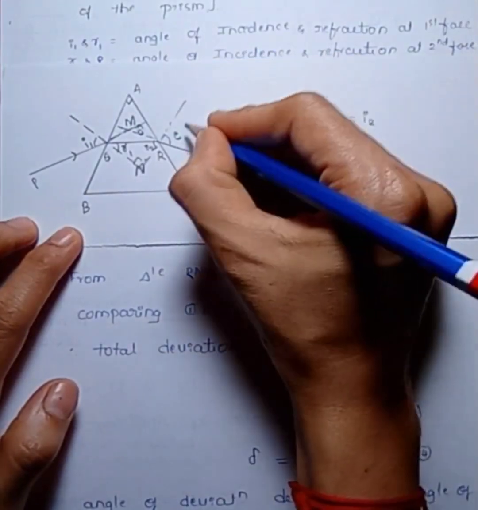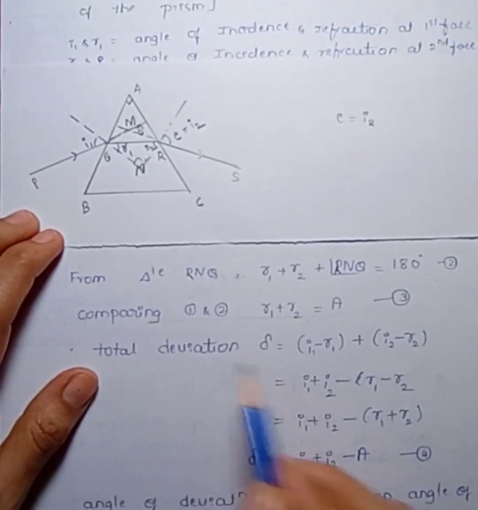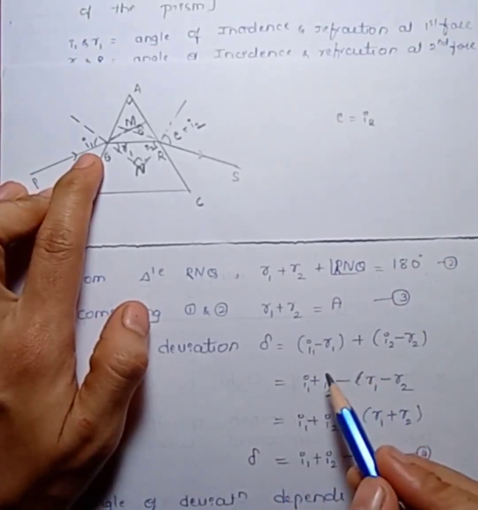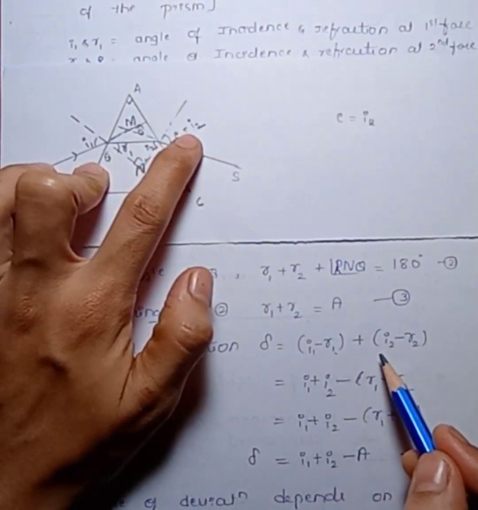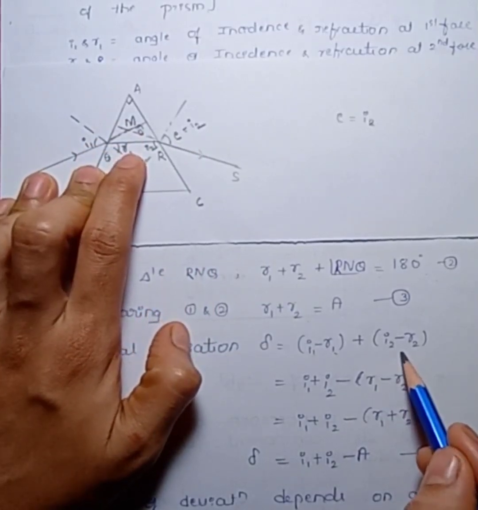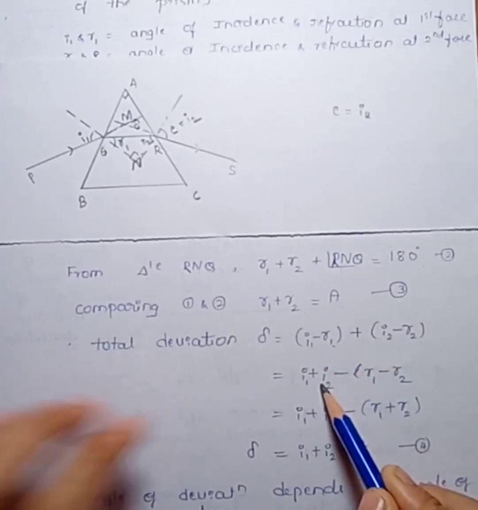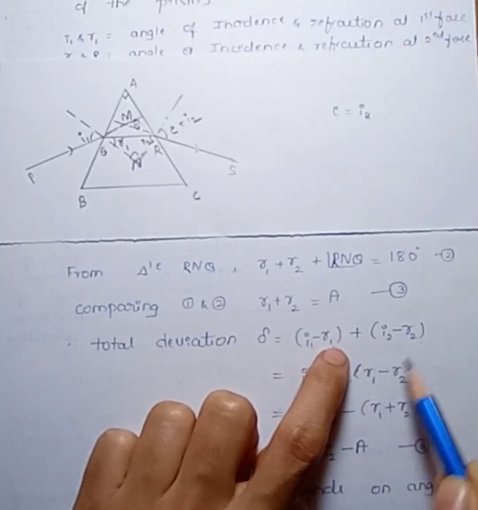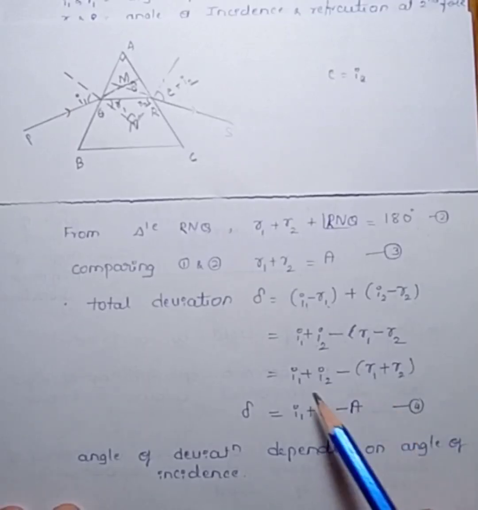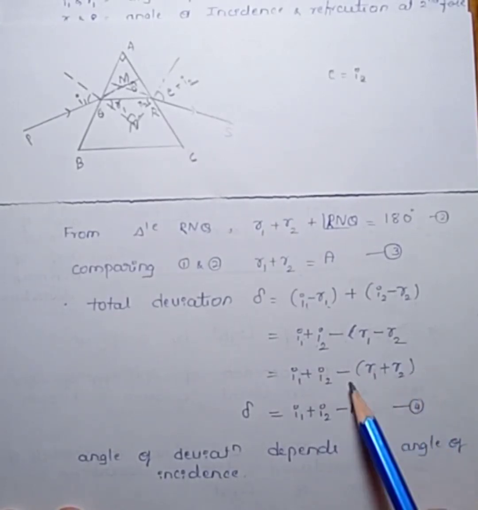Angle of emergence can be taken as E, which is equal to I2. Therefore, total deviation delta can be written as angle of incidence minus angle of refraction, I1 minus R1, plus angle of emergence minus angle of incidence, I2 minus R2. That is I1 plus I2 minus R1 plus R2. Just take the minus outside the bracket.